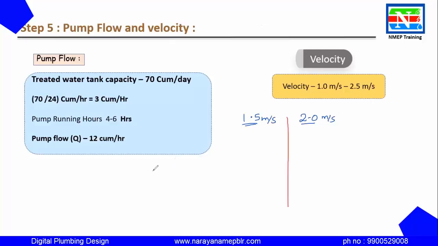So here the formula is Q is equal to AV. My flow is constant, but velocity is inversely proportional to area. Area means pi by 4 d square.